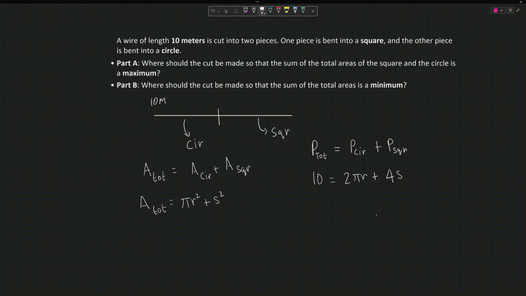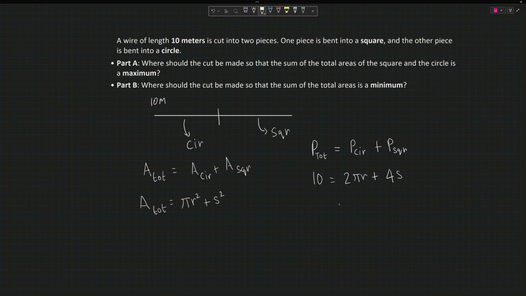And would you look at that? We have a way to substitute a variable in here. What we're going to do is take the easier option. Now the easier option, I would say, is, let's see, if we bring the 2 pi r over here and divide by 4, we get s equals that. Or we could do 10 minus 4s over 2 pi.